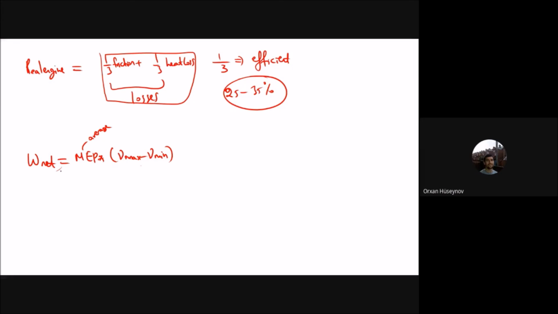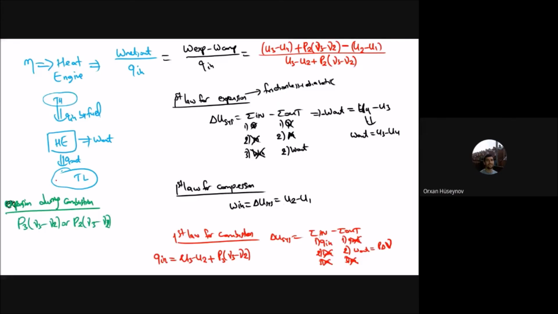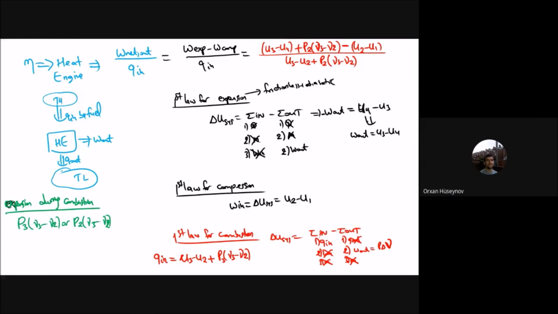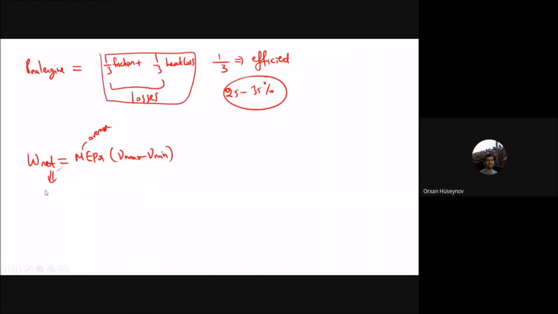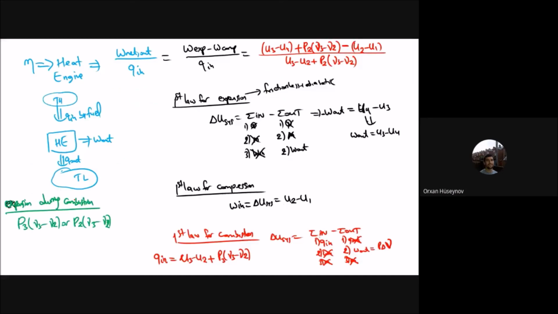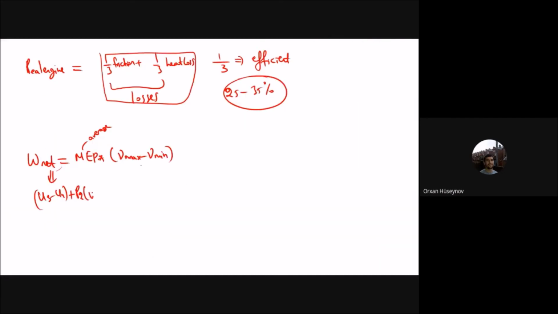In our case, the net work was the numerator of the equation, which is (u3 minus u4) plus P2 times (v3 minus v2) minus (u2 minus u1).